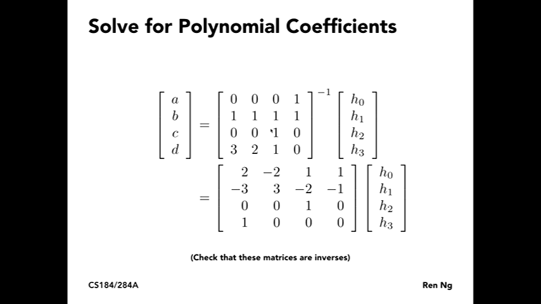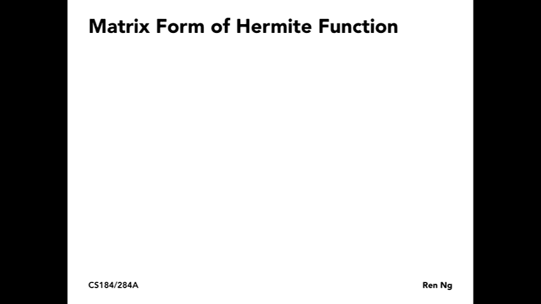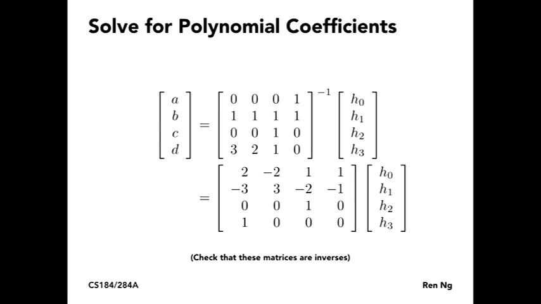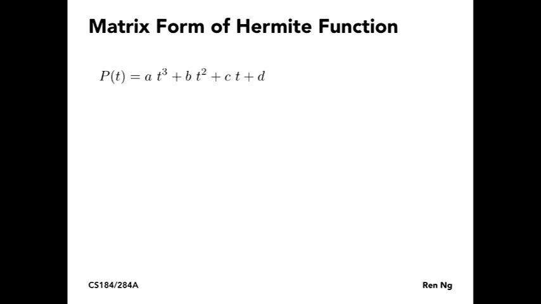Okay, let's keep moving. So now let's take a look at the matrix form of this Hermite function a little bit more, okay? Here we wrote down ABCD in terms of H0, H1, H2, H3, but we sort of lost the t component in this representation. So I want to bring that back in and make it explicit. P of t equals at cubed plus bt squared plus ct plus d.